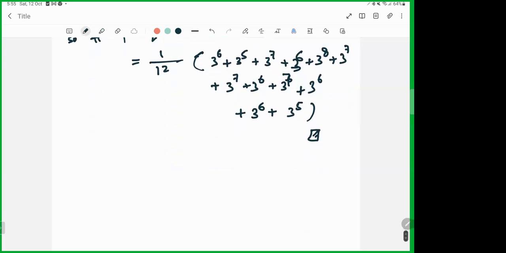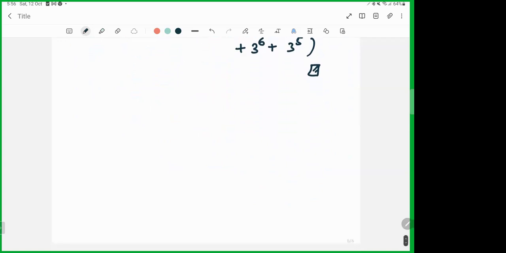So let's go to the next problem. Where is this problem sheet? This is the question.